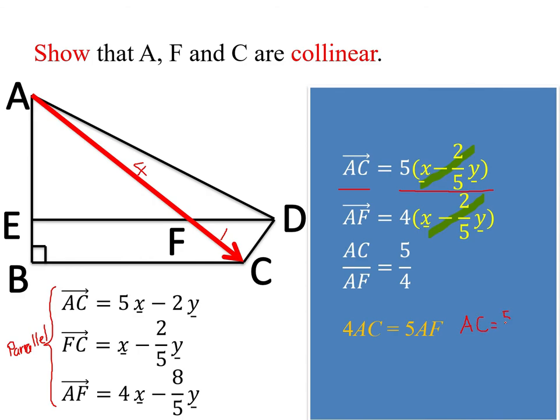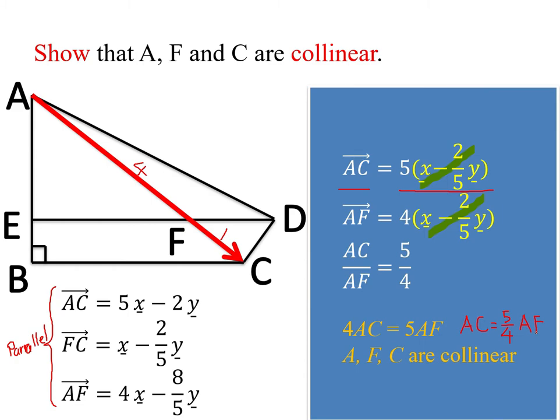So in this case, your 5 over 4 will be your lambda. Like I said before, the lambda represents the ratio, the value which gives you the ratio between the two vectors. With that, we can make the conclusion that AFC are collinear.